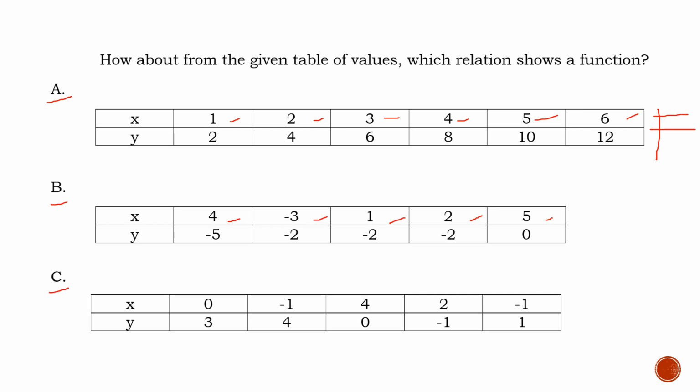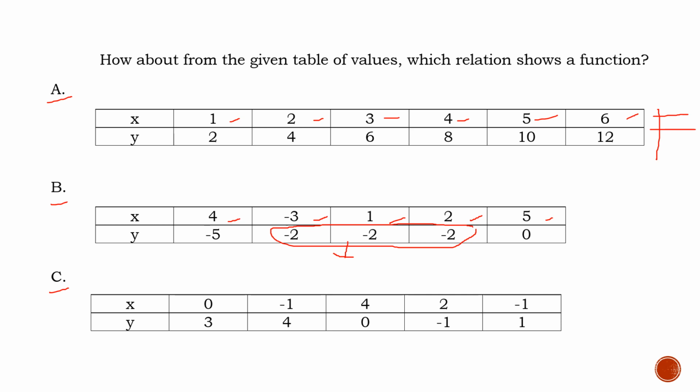Now, as you can see on your range or y values, there is a repetition of -2, -2, -2 that we can map on -3, +1, and +2.